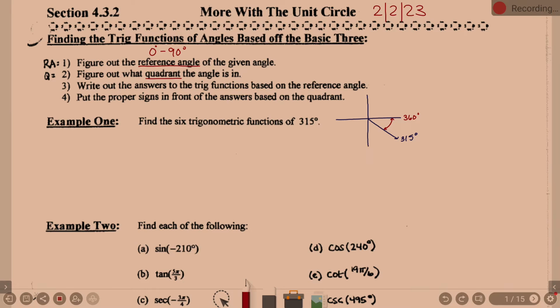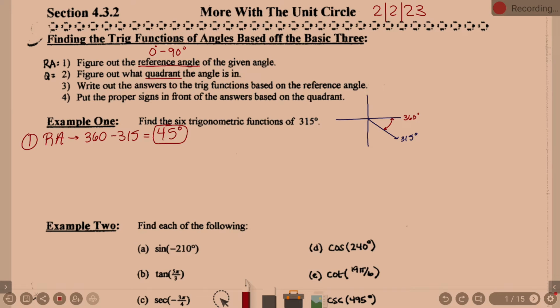And so our step 1, so to speak, is that our reference angle is going to be whatever 360 minus 315 is, which I'm being told is 45 degrees. So as we go through this problem, I know we're talking about an angle that is 315 degrees, but our brains are really going to think 45.